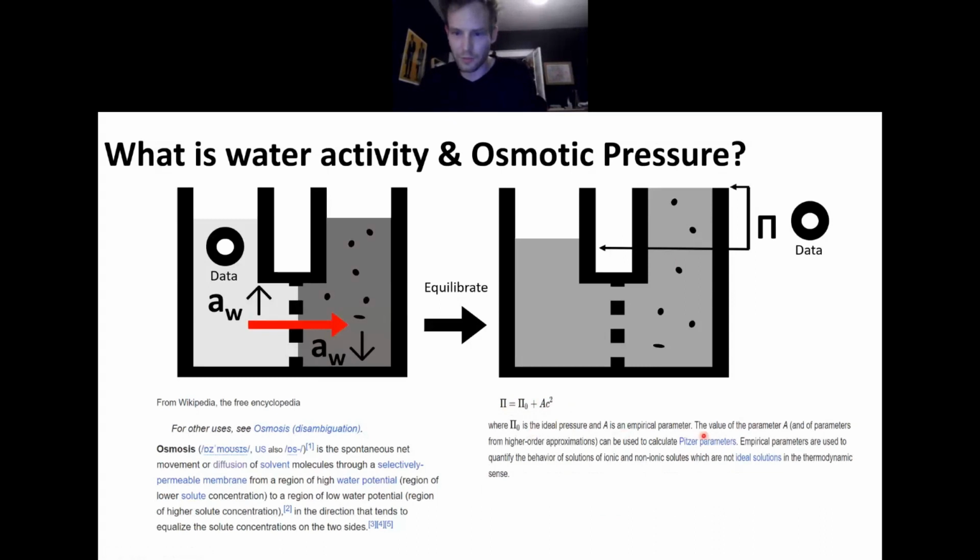The value of the parameter A and the parameters from higher order approximations can be used to calculate parameters. Empirical parameters are used to quantify the behavior of solutions of ionic and non-ionic solutes, which are not ideal solutions in a thermodynamic sense. And the only thing I want to translate this to really is that these are empirical parameters, which means that we measured them.